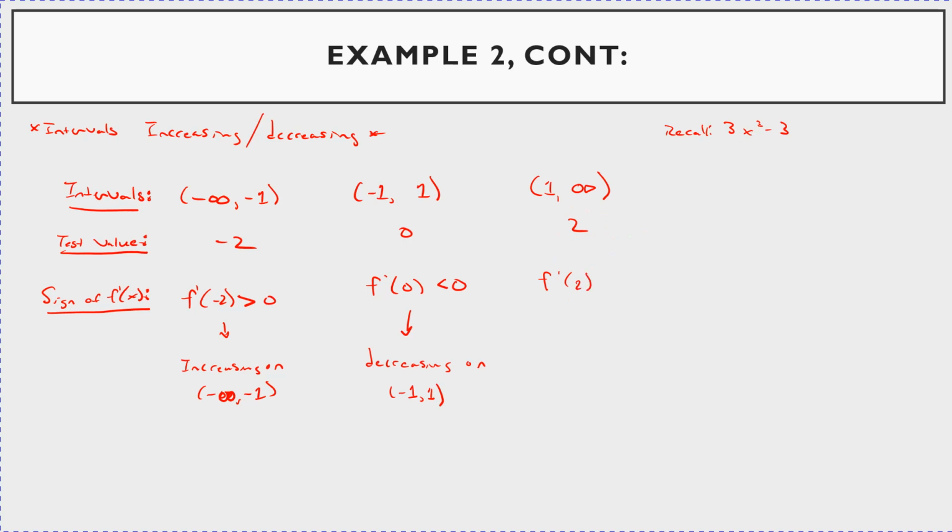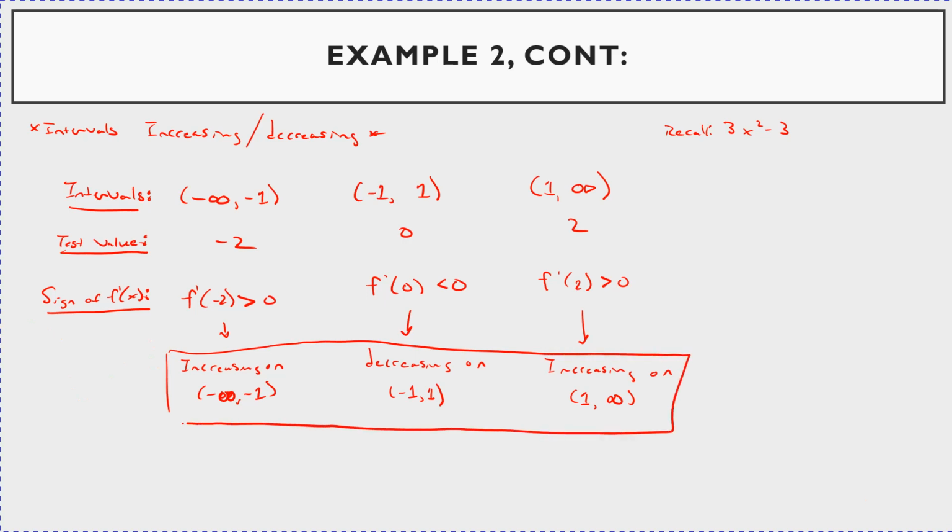Well, 2 squared is 4, times 3 is 12, minus 3 is 9, so this is greater than 0. So we see now the function is increasing on this interval. All right, so we got the intervals where it's increasing and decreasing. So that's going to help us when we go to graph, you'll see.